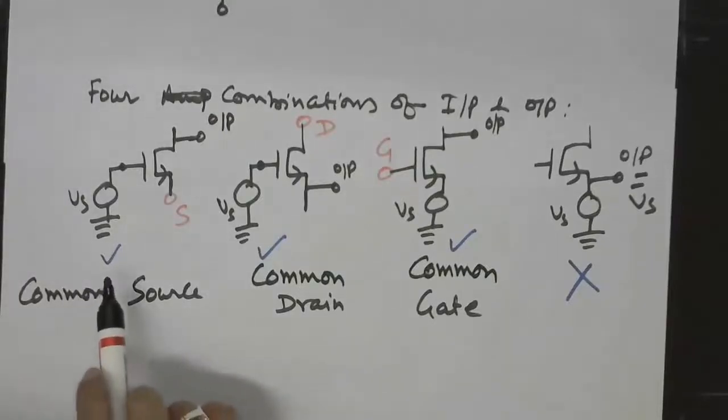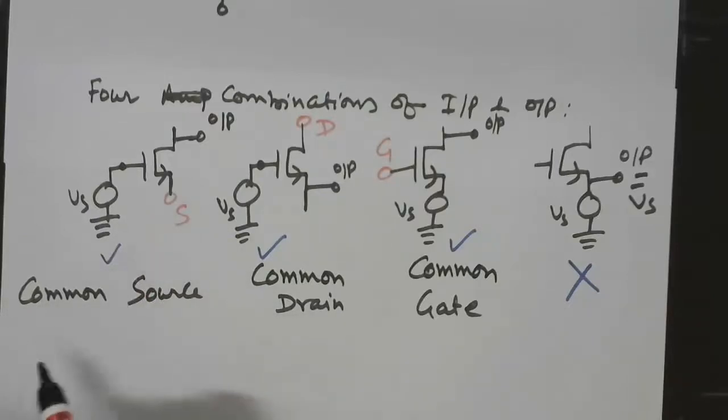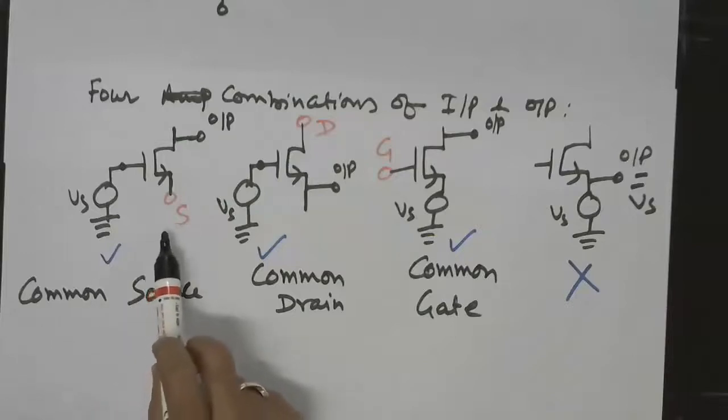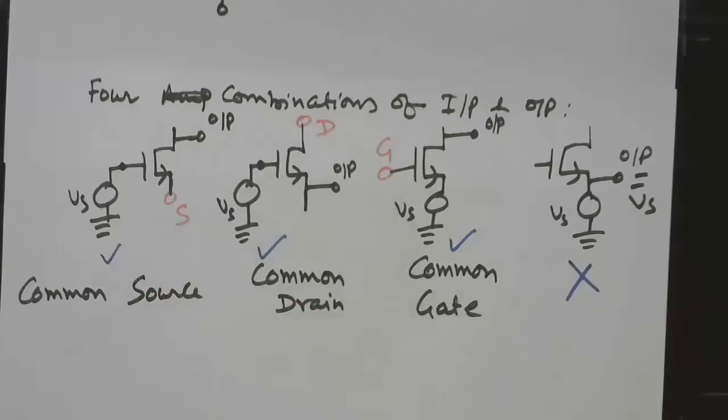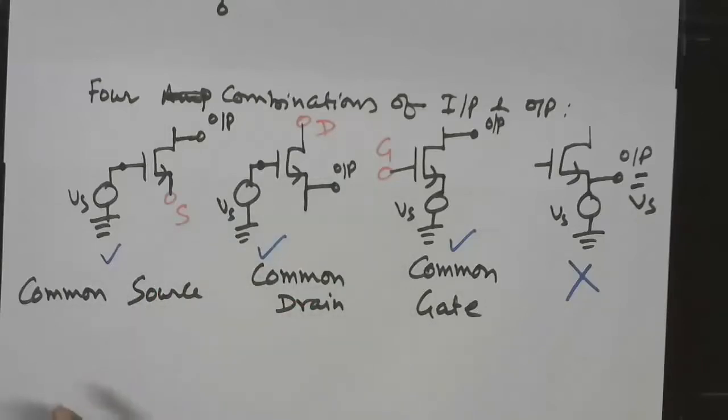But getting this feel that indeed they are common to both the input and output loops is not always so easy, so apparent. It might take some effort to figure out whether source is common, drain is common, or gate is common, to identify which out of these three configurations the given circuit is, if the circuit is bigger.